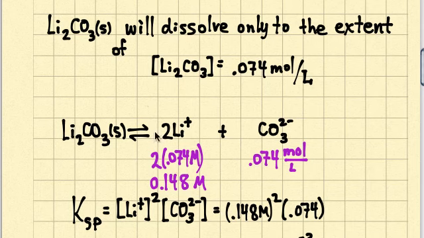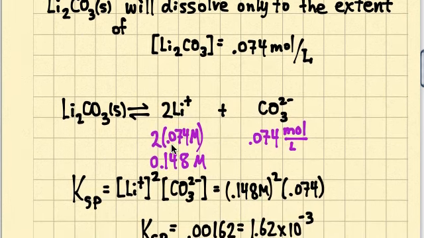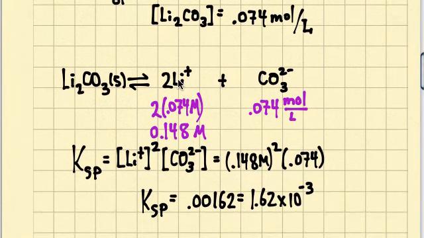So one of these makes one of these, but one of these does make 2 of those. So check this out. Not only is the lithium ion concentration twice that of the carbonate ion concentration, but when I think about how to write the constants for KSP, this one's squared because of that.